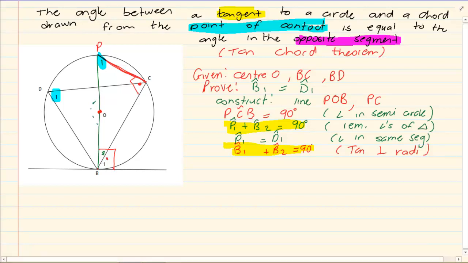That P1 is equal to B1 because we have the 90, we have the B2. So we have that P1 is equal to B1. But P1 is equal to D1, which you've proven. Therefore, we have that B1 is equal to D1, which is exactly what you wanted to prove. Thank you for watching.